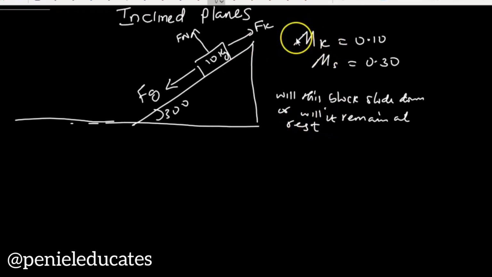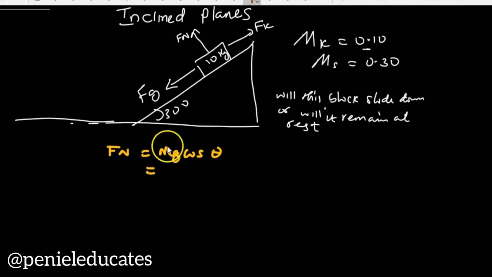We are given mu k, the coefficient of kinetic friction, to be 0.10, and the coefficient of static friction to be 0.30. If the body is moving, it is kinetic friction, and if it's not moving, it is static friction, Fs. Now the normal force Fn is mg cos theta.